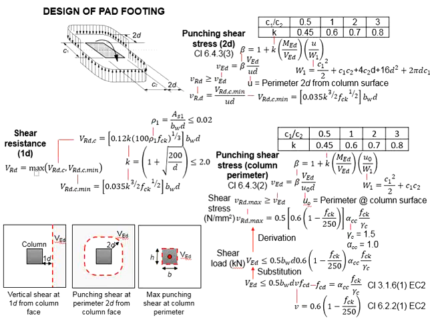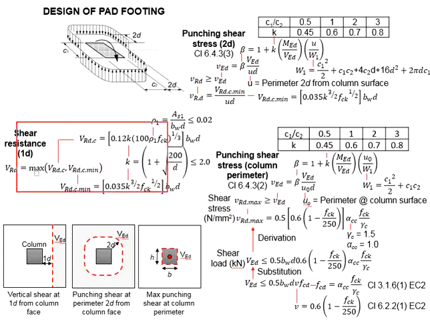And also we have the maximum punching shear at the perimeter, same as the column perimeter. Not only do the shear planes happen at different locations, the equation used to determine the shear resistance for each of them differs.